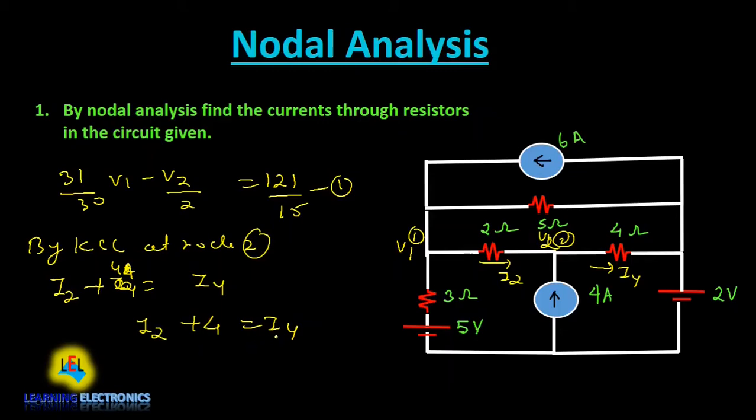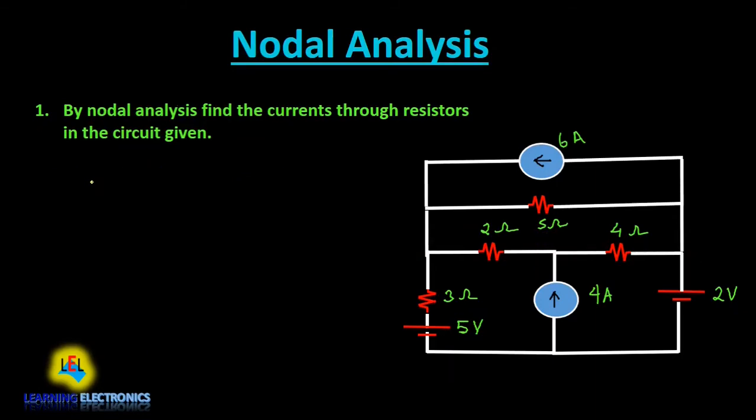I2 is equal to V1 minus V2 divided by 2, plus 4 is equal to I4, which is V2 minus 2 divided by 4. Now when we solve that equation, we get minus V1 by 2 plus 3 by 4 V2 is equal to 9 by 2. This is equation number 2.